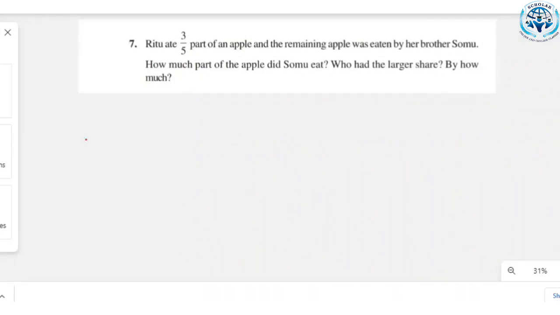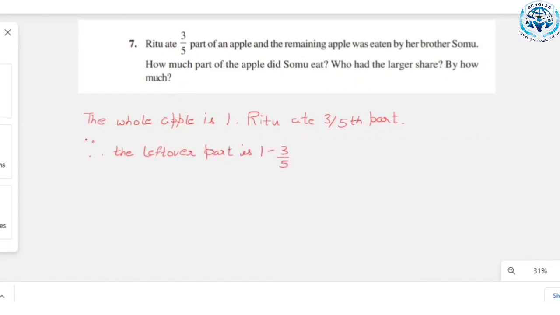Question number 7. Ritu ate 3 by 5 part of an apple and the remaining apple was eaten by her brother, Somu. How much part of the apple did Somu eat? So we will clearly subtract. If you have 4 apples and you give 3 to your brother, what part is remaining with you? Clearly, you will subtract 4 and 3 to get 1. In the same manner, we will subtract 3 by 5 from 1. 1 is the whole. 3 by 5 is the part.